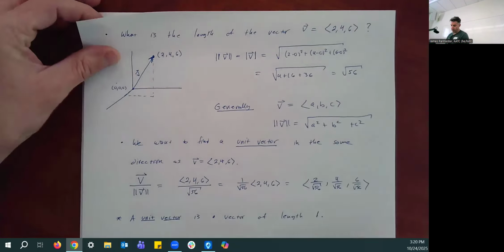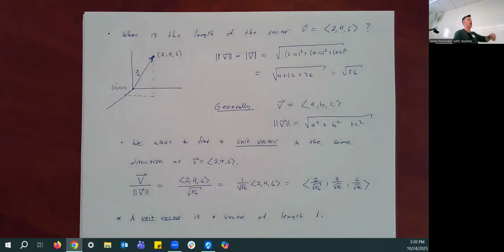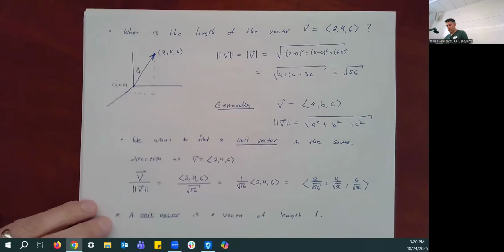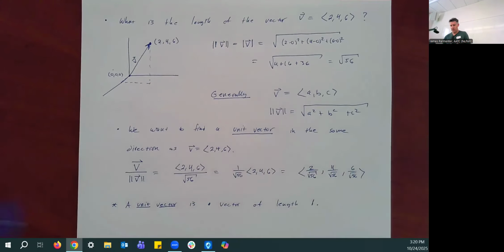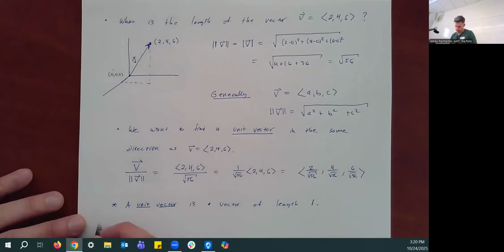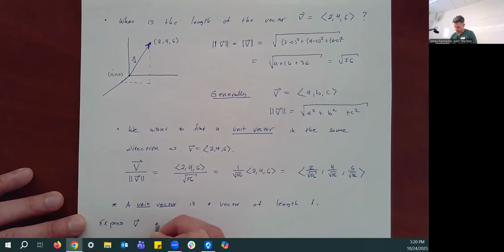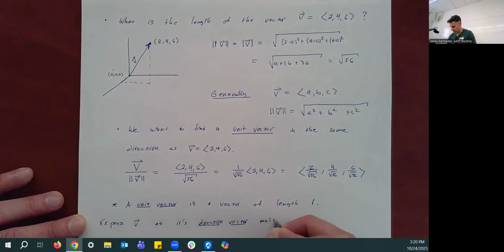All right, so one thing that is useful to know is that a vector is a direction and a magnitude. So what you sometimes have to do, even though it might not make a lot of sense at first, is express the vector v as its direction vector multiplied by its magnitude.